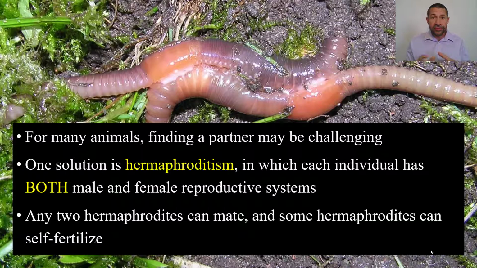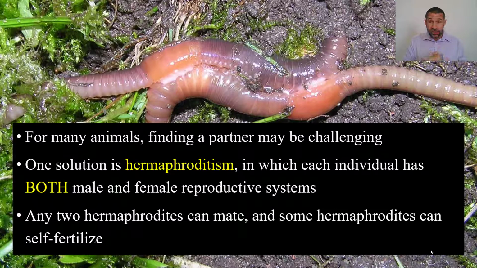In environments where finding a mate at the right time in your life cycle can be challenging, like in the three-dimensional dark subterranean world of earthworms, some animal lineages have evolved into hermaphrodites. This is where individuals possess both male as well as female genitalia.